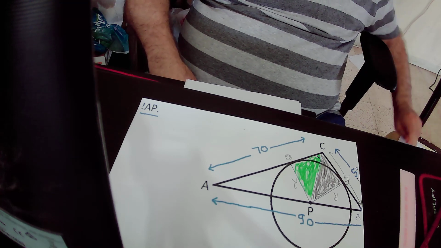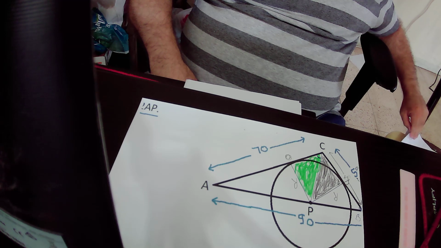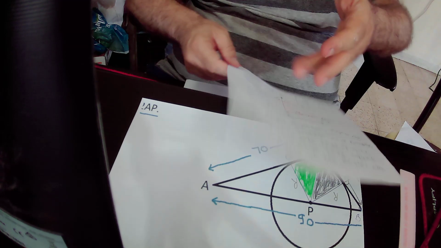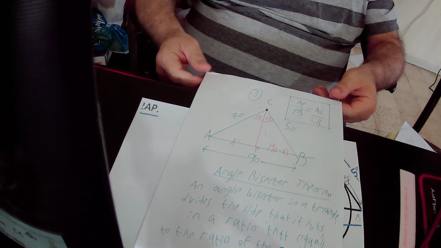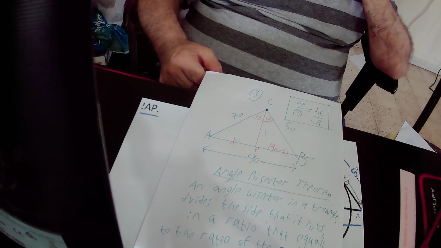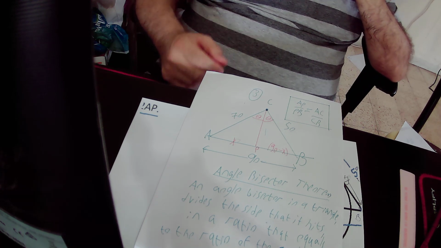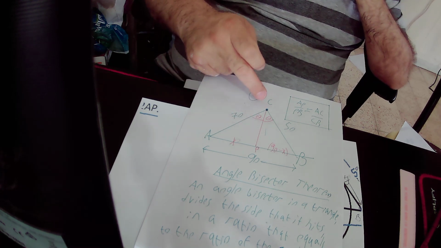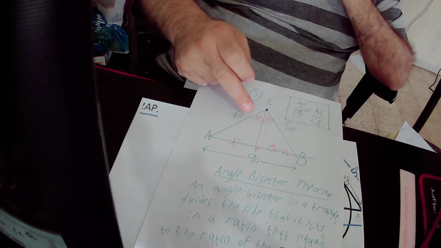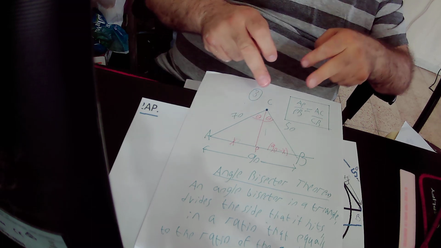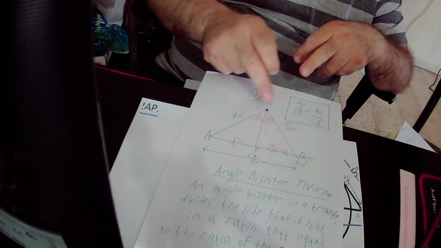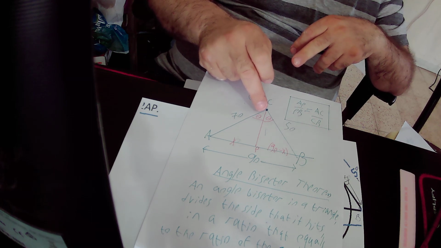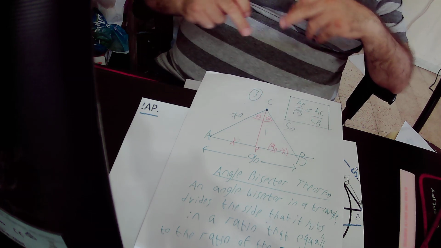So we draw again the triangle ABC, and here PC is an angle bisector because it divides angle ACB into two equal parts. This is theta and this is also theta.